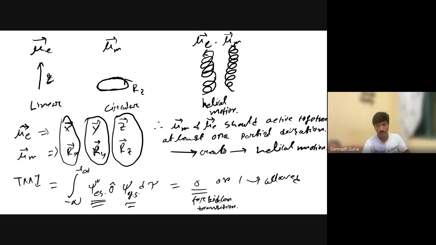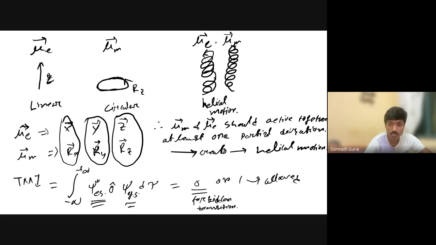We are talking about electronic transition. Now coming to one example, where we can say this x and Rx, y and Ry, z and Rz, one of them should be active in one particular orbital. In that case only we can find the molecule will be optically active, and that should be CD active.